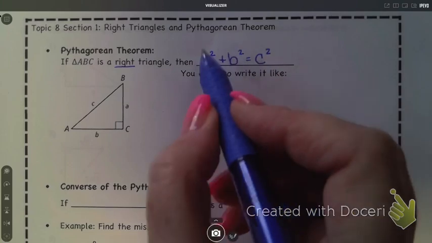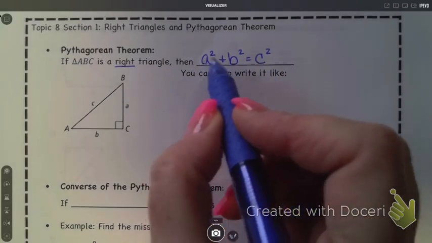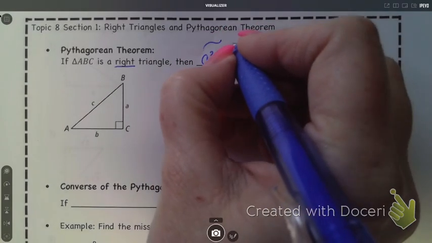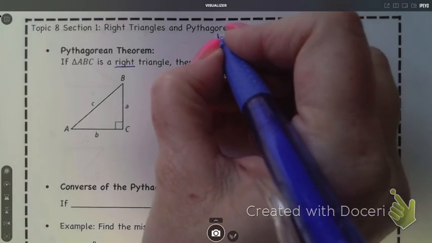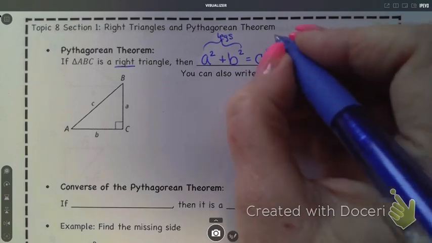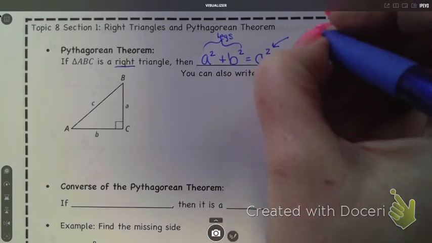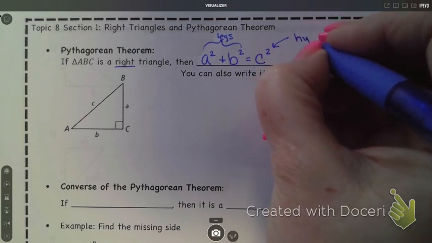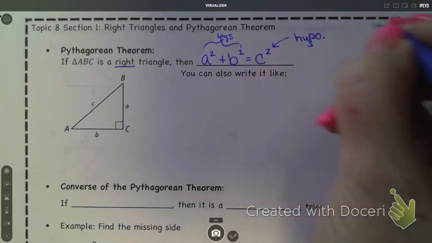We can write this. Oh wait, what are A and B? Legs. And what is C? Hypotenuse. And I'm just going to abbreviate.